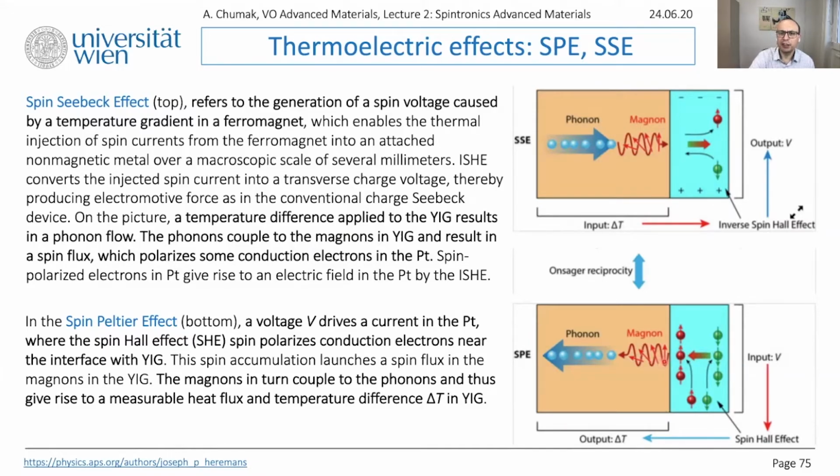This spin polarized current then will induce magnons into the system through spin transfer torque. And just opposite to the previous case, since magnons are coupled to phonons, in such a way we will generate a flux of phonons, which can be described simply as a temperature difference. So the idea of this effect is very simple: you just apply current, you create spin polarized current, and as a result, you will measure a difference in temperature.